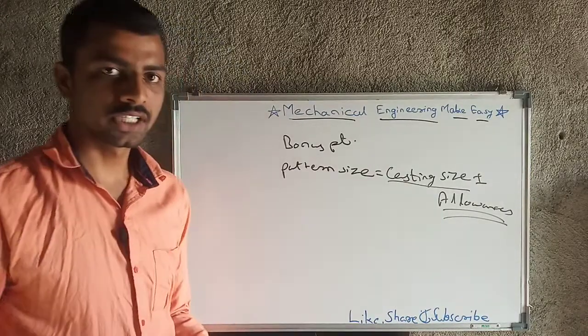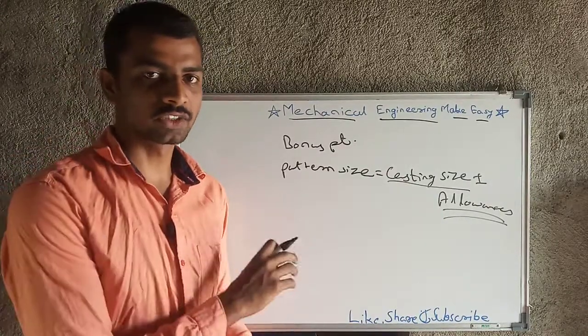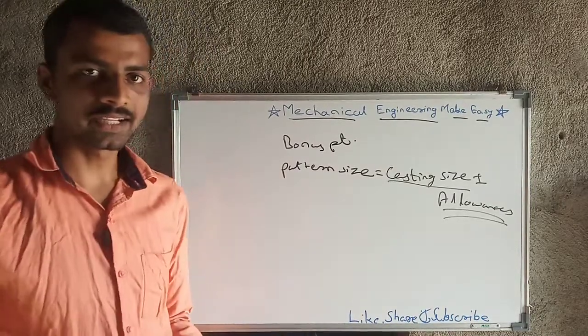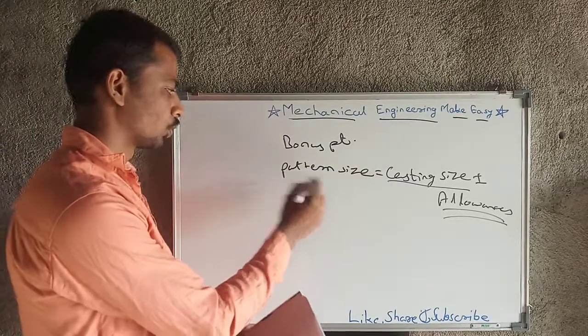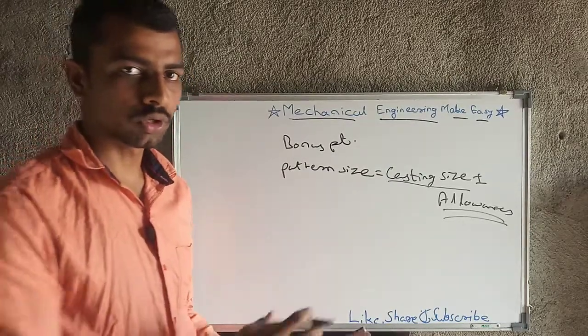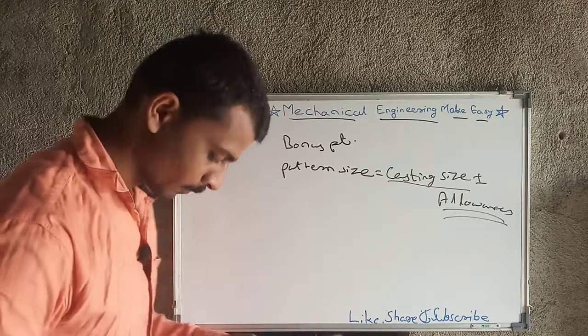I want to tell you one thing: the manufacturing section is very easy to understand, and in GATE the maximum scoring subject is also the same, manufacturing, so you should concentrate more on this section.